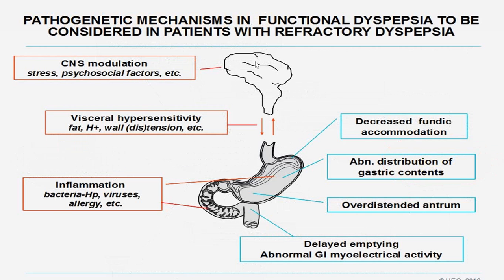So CNS responsible, visceral hypersensitivity, inflammatory conditions like H. pylori, virus or allergic gastritis, which is also called eosinophilic, decreased fundus accommodation, abnormal distribution of gastric content, over-distended antrum, so it is called hypomotility.